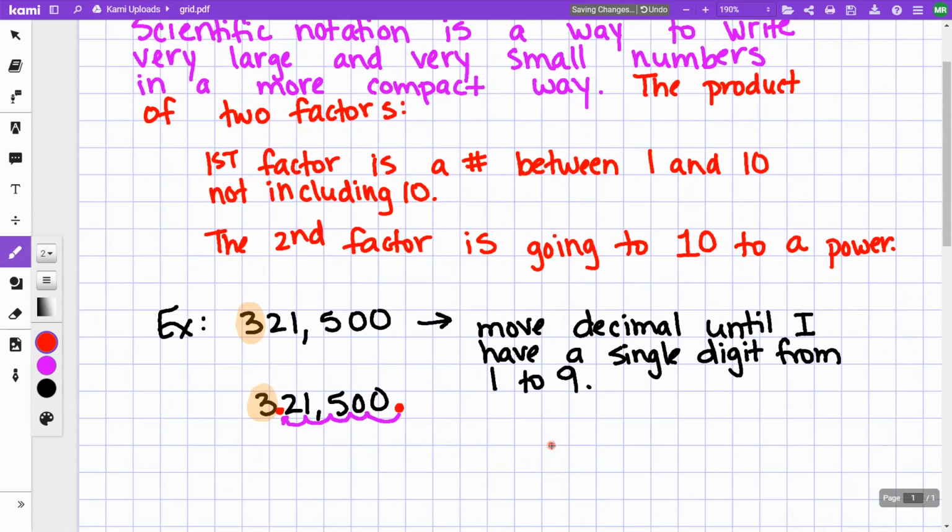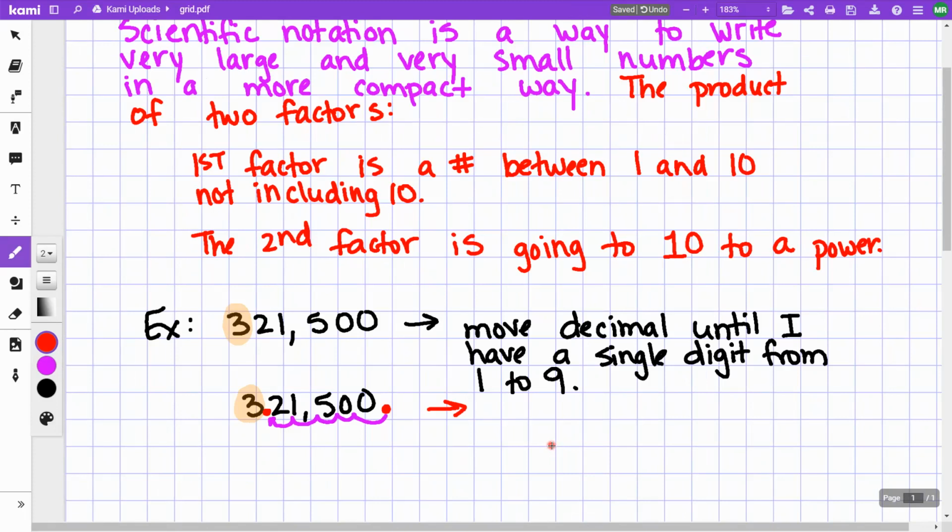Now, the way I'm going to write this number is 3.215 times 10. And again, I moved it 1 place, 2 places, 3 places, 4 places, 5 places. So I'm going to times it by 10 to the power 5.